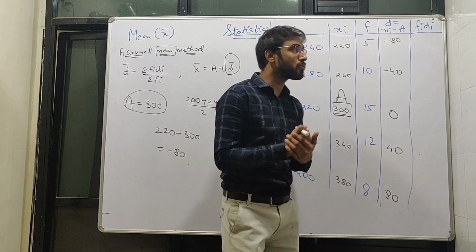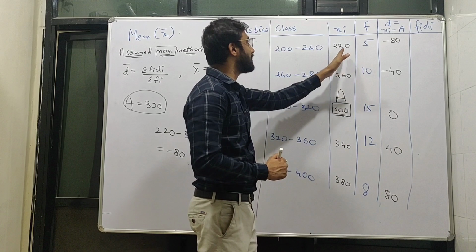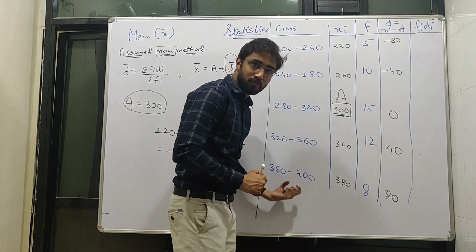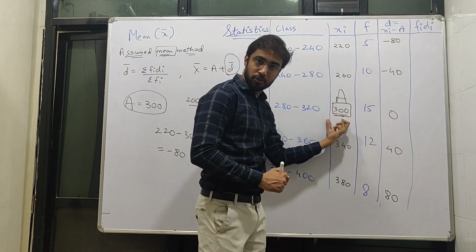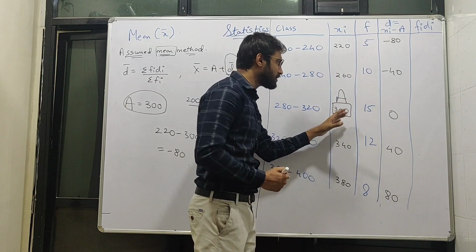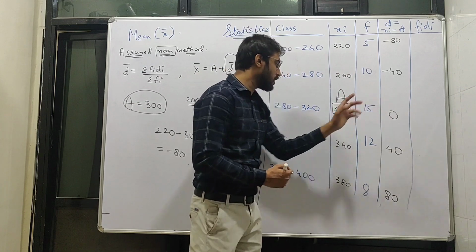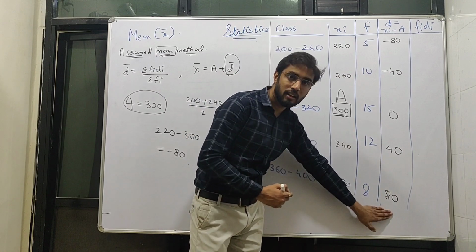Again, how to get the value for d? So xi minus a. The value of xi is the midpoint for all the values. Okay? And then the value of d is xi minus a, where a is the assumed value. xi minus a: 220 minus 300, 260 minus 300, 300 minus 300, 340 minus 300 and 380 minus 300.